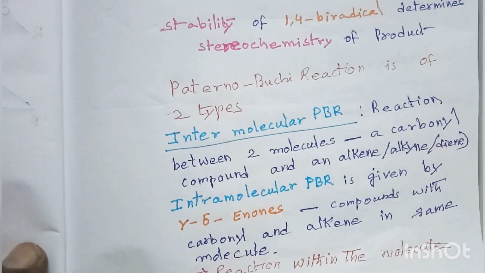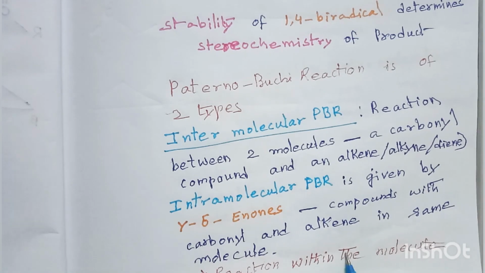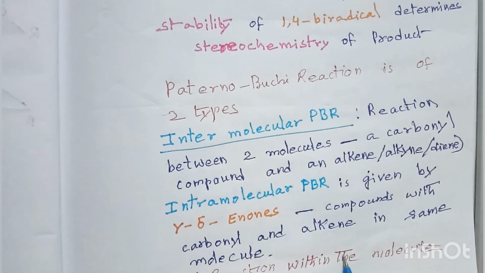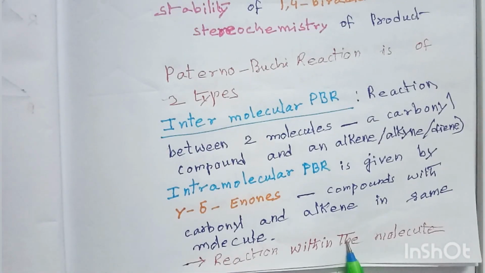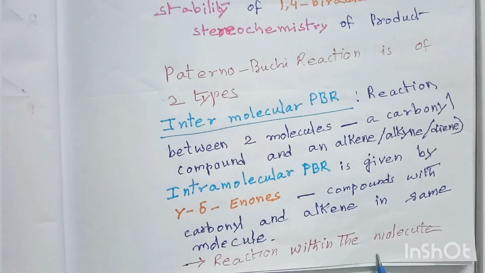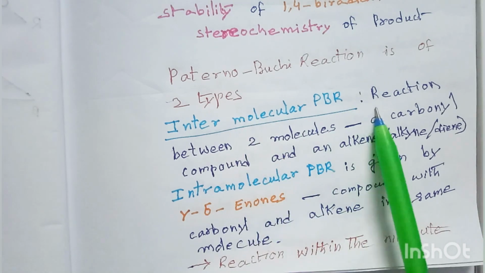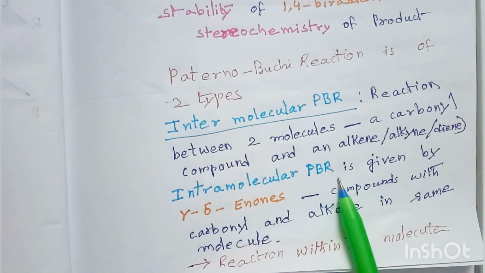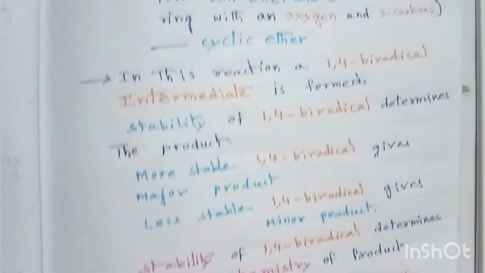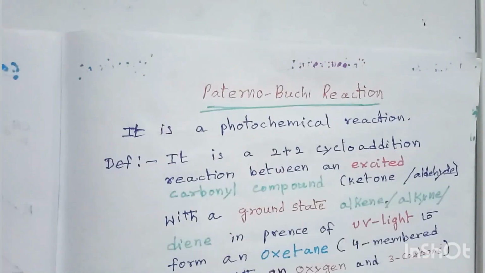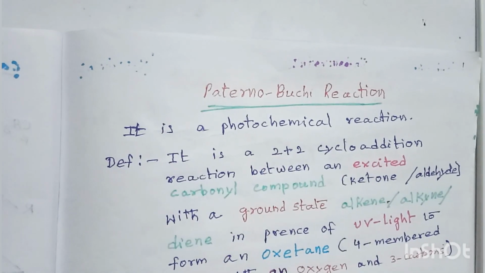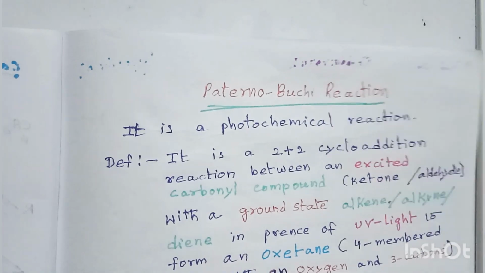So the reaction occurs within the molecule, so it is called intramolecular Paterno-Buchi reaction. So Paterno-Buchi reaction can be intermolecular or intramolecular. First, let us see the intermolecular Paterno-Buchi reactions.